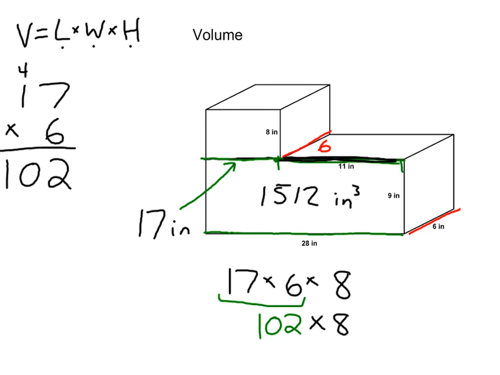We still need to take care of the multiplication by 8. 8 times 2 is 16. 8 times 0 is 0, plus 1 is 1. 8 times 1 is 8. So this tells us the volume of the top step is 816 cubic inches.